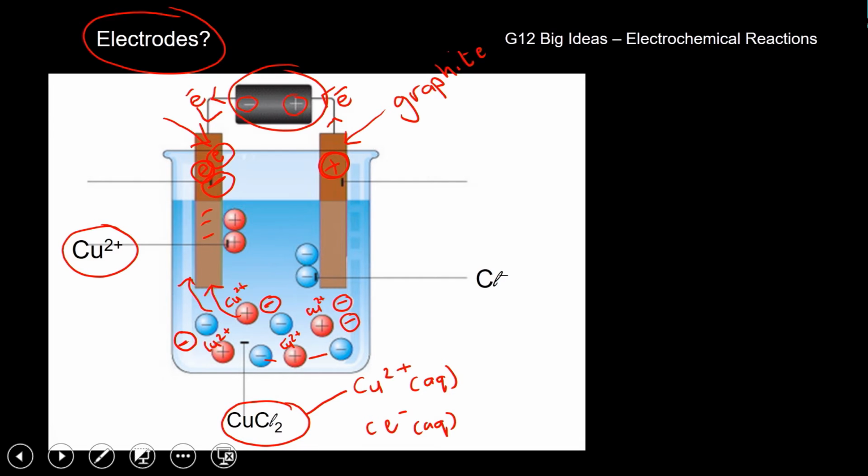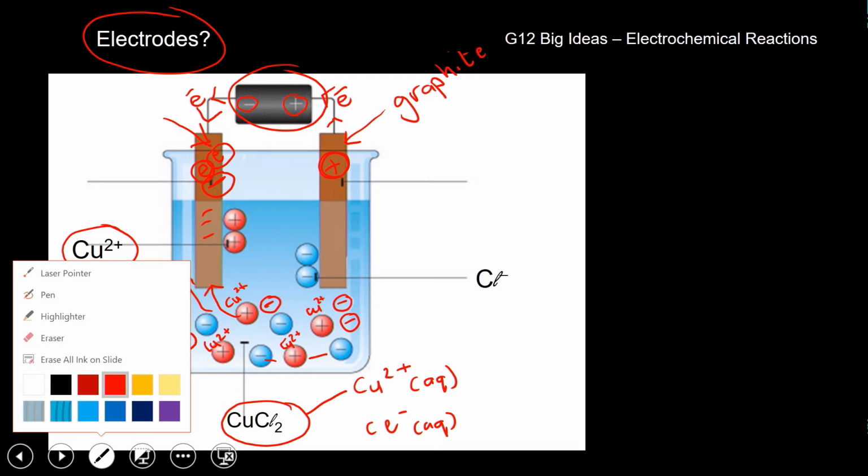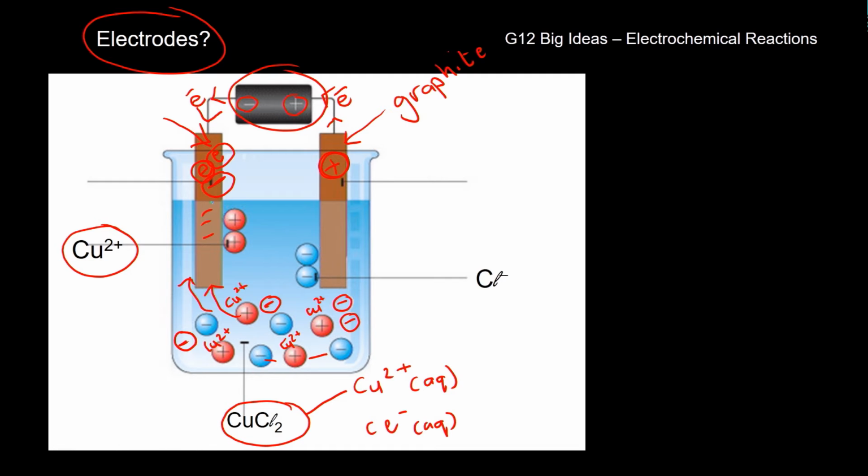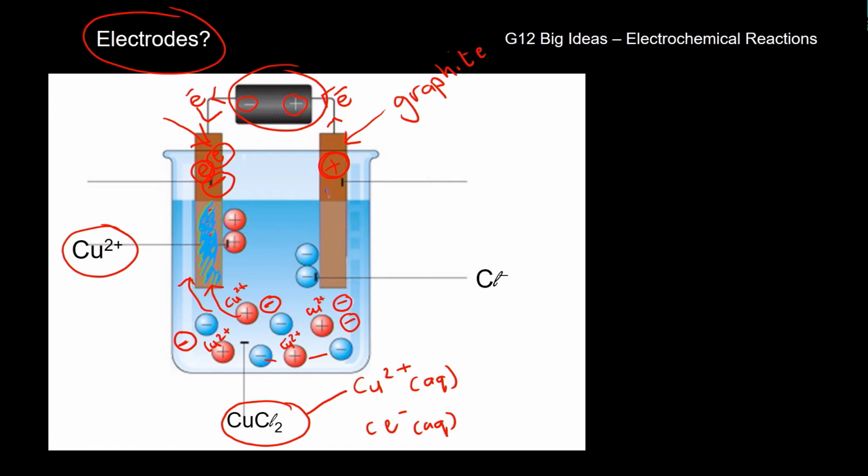So the electrode on this side, I want to change my color so you can see it, will start forming not a blue covering, but a slightly brownish, shiny covering of pure copper. On the other side, this electrode, which is positively charged, is going to attract the negative chloride ion.